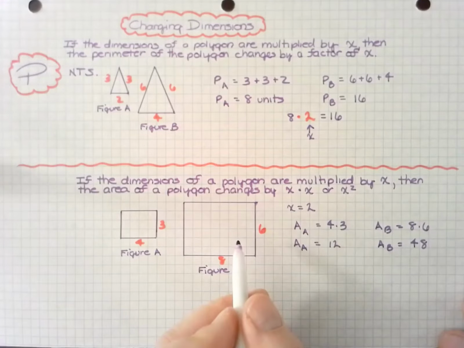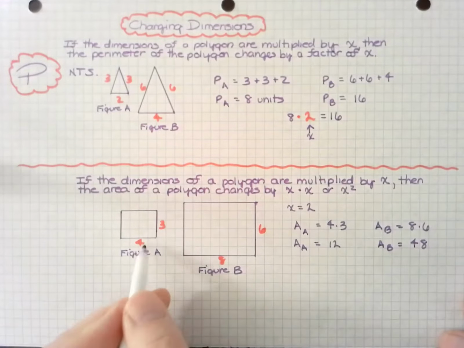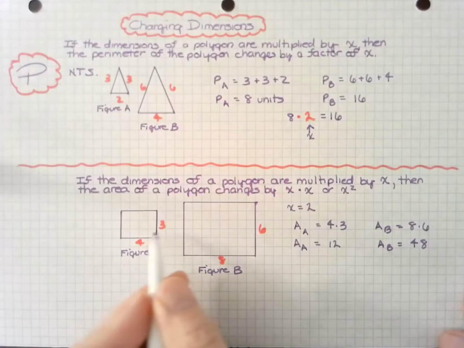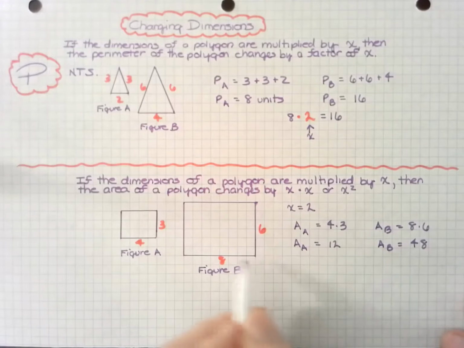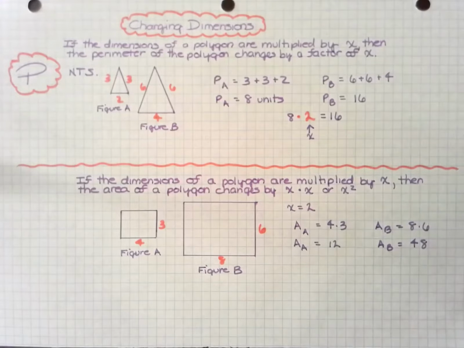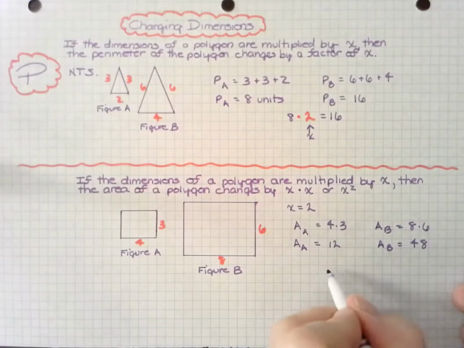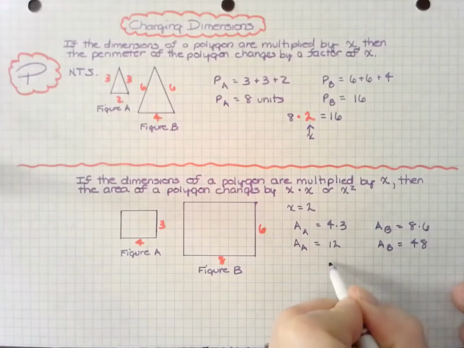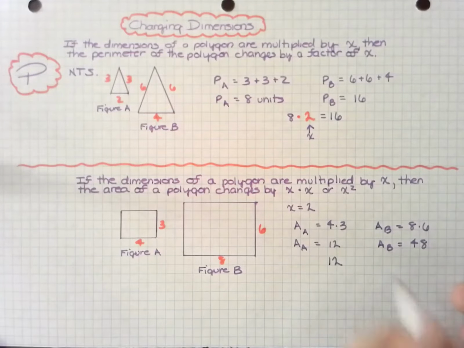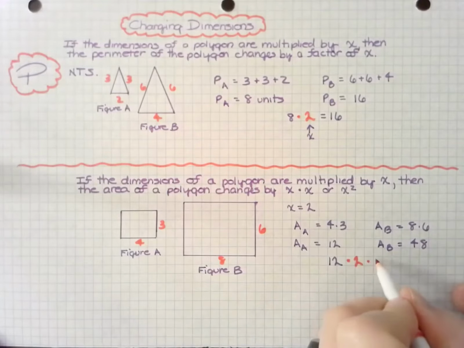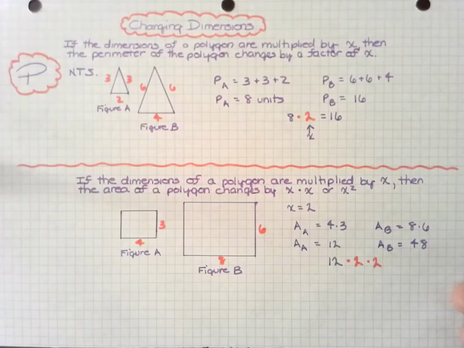So what we understand about area is that it has two dimensions, and so therefore if I double the sides, or the dimensions on the side, I need to double both dimensions, both directions. So I'm going to take this 12 and multiply by 2, because it doubles, but then multiply by 2 again to go in the other direction.